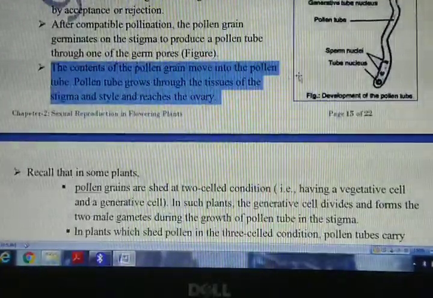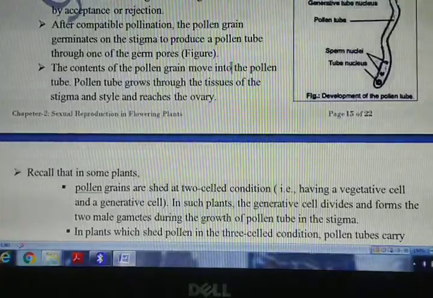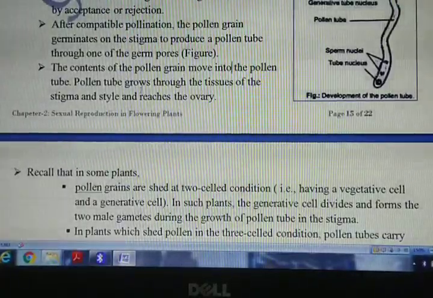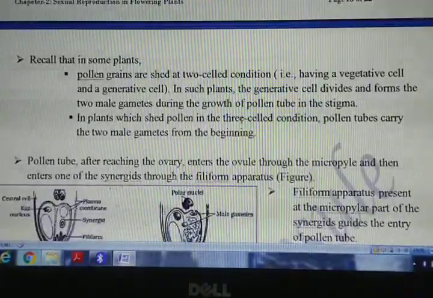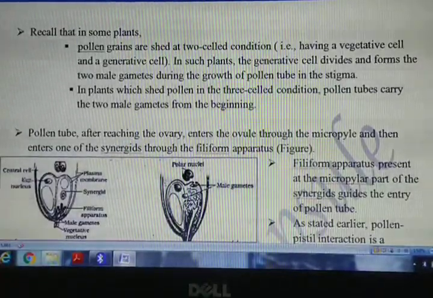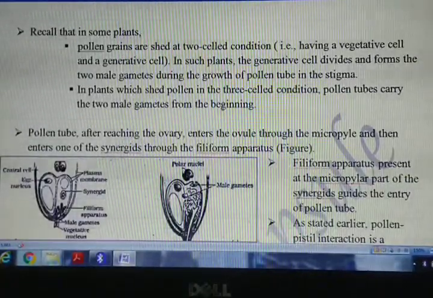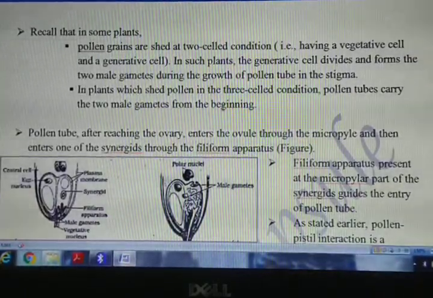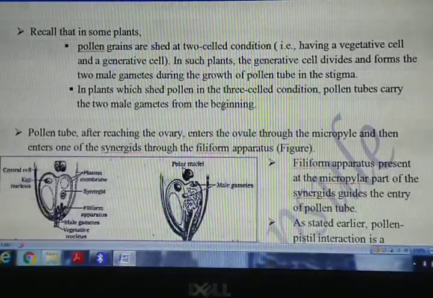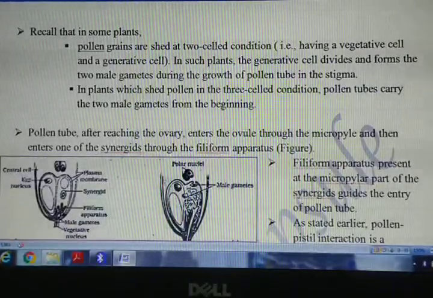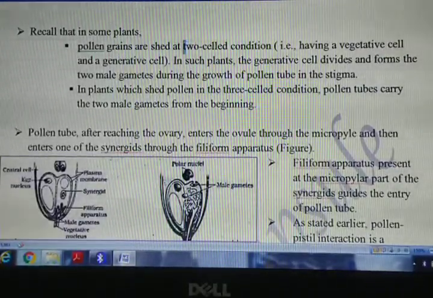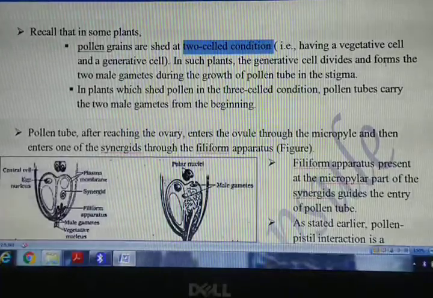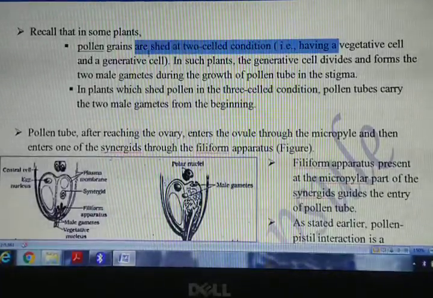Now coming further, if you remember, we have talked about the pollen grain, that in 60% of angiospermic plants the pollen grain is shed at a two-celled condition, and these two cells are the vegetative and generative cell.